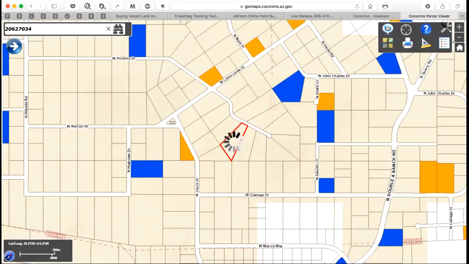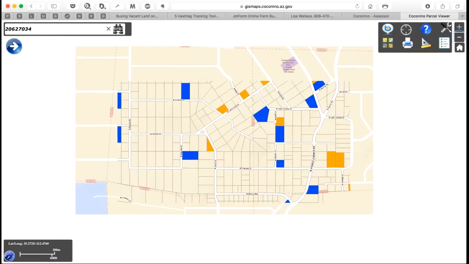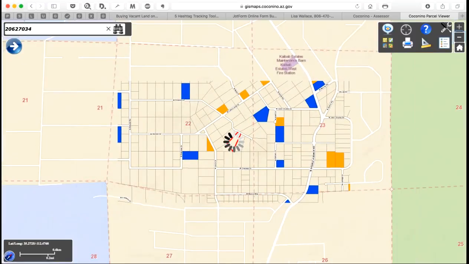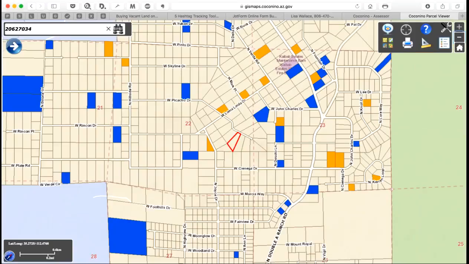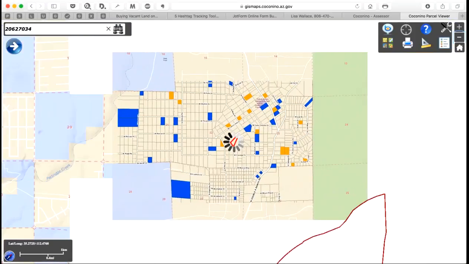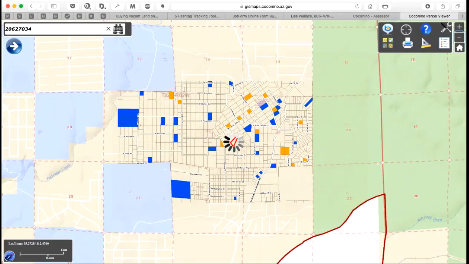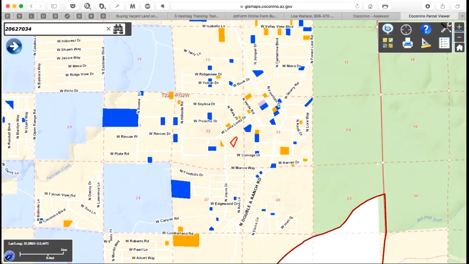It really depends in any given situation of how many comps are close by. So I'm going to pull out even one more time. Now, this whole area is probably fine, but this area, so it says his property's right there. So this area right here those are really good comps because they're close by.